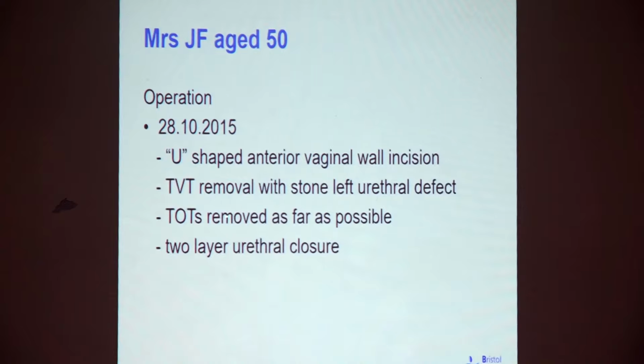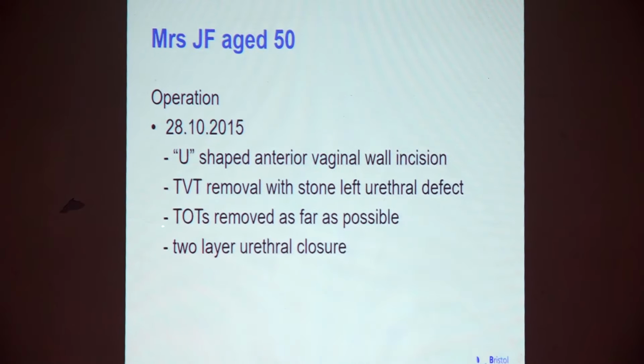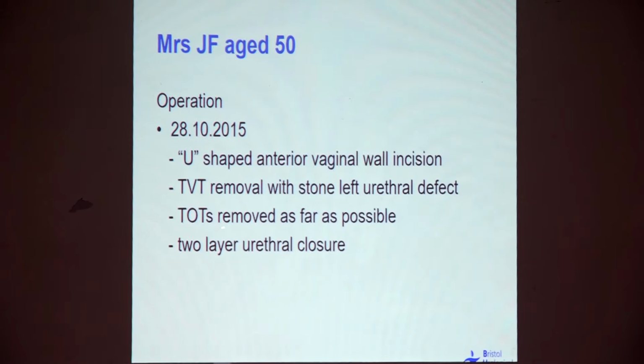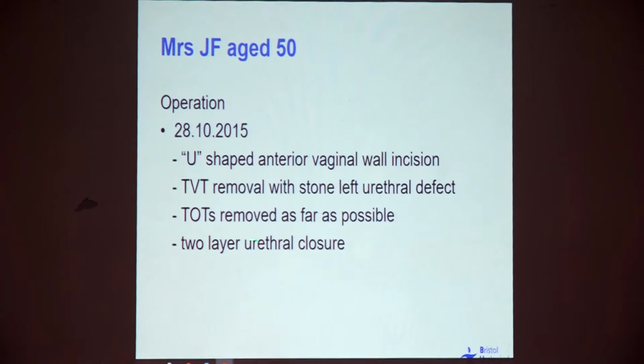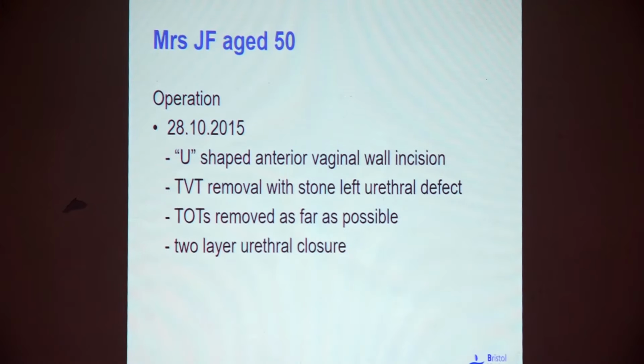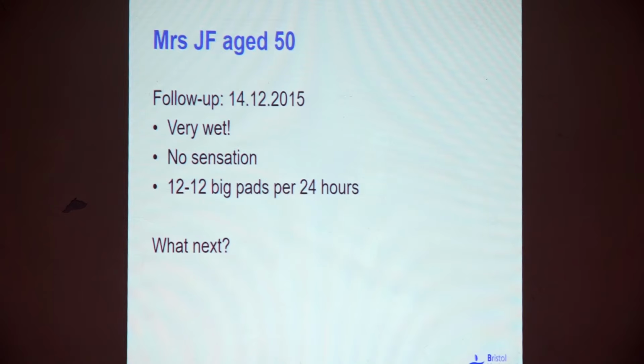We also, of course, to do that, had to do a suprapubic incision as well, and we removed as much of the TOTs, plural, as we could. By the time we'd removed all those three, the urethra looked pretty dodgy. And in fact, of course, it had a hole in it. It was bound to have a hole in it because there was a TVT or a TOT right across it.